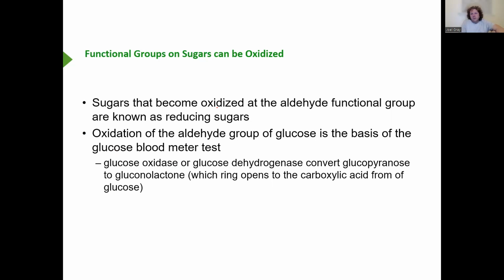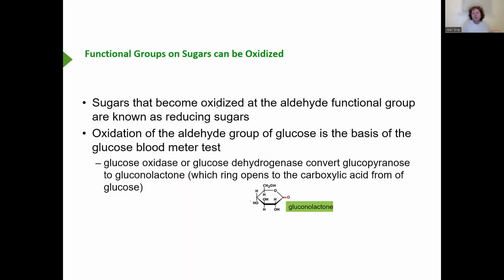Oxidation of the aldehyde group of glucose is the basis of the blood glucose test meter. Glucose oxidase or glucose dehydrogenase convert glucopyranose to gluconolactone, the molecule shown here, of which the ring opens up to form a carboxylic acid from glucose.